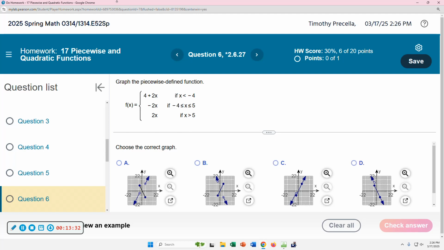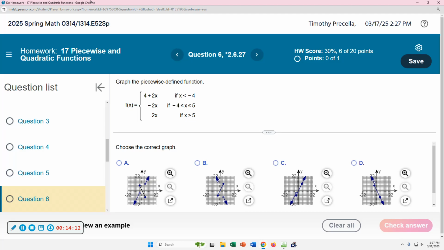f of x is equal to 4 plus 2x if x is less than -4. We'll use the piece just -2x if, how do we say this? -4 is less than or equal to x is less than or equal to 5.